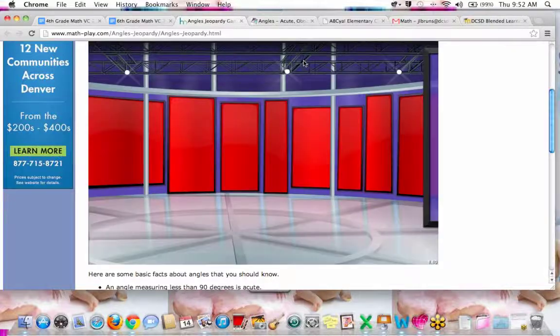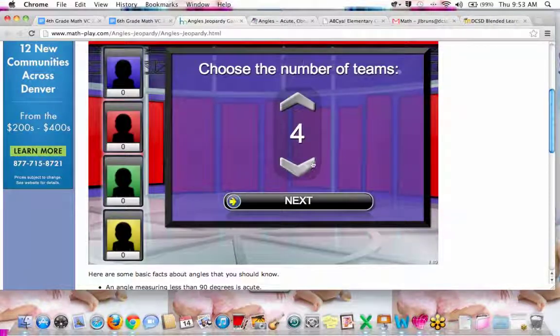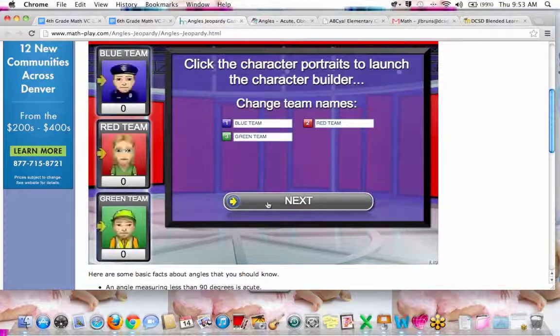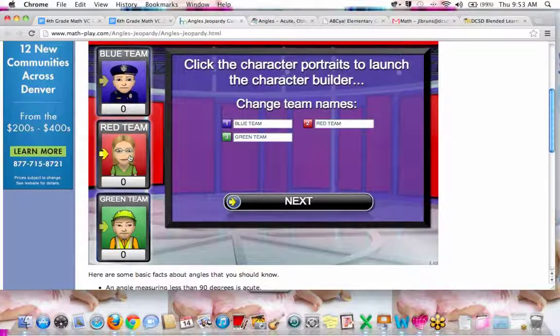Okay, takes a second. All right, we have 3 teams today. So Jack, you'll be blue, Ashley, you'll be red, and Dakota, you'll be green. Why can't you add yourself in here? Oh, because I don't want to play. If you click on the red team on the picture, you can change the picture of it. Well, I think the pictures are okay because Ashley's a girl and it kind of worked out today that we have a boy and a boy down here.